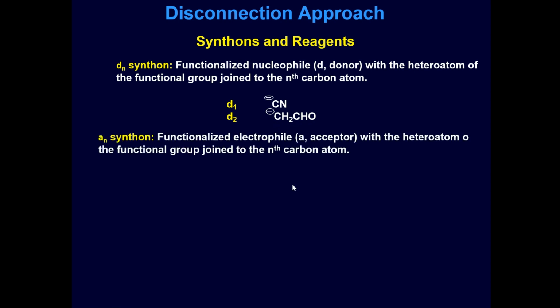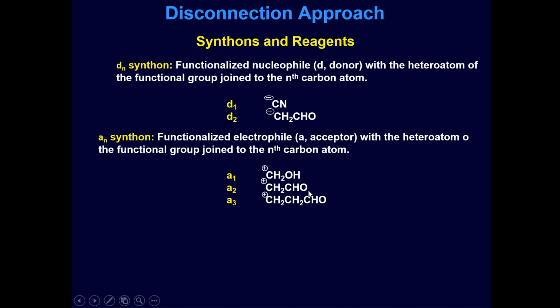Similarly, we can have functionalized electrophiles. I can give a few examples which have an electron-deficient carbon: CH2OH plus. OH is the functional group and the heteroatom is oxygen. It is attached to the nth position of the carbon.